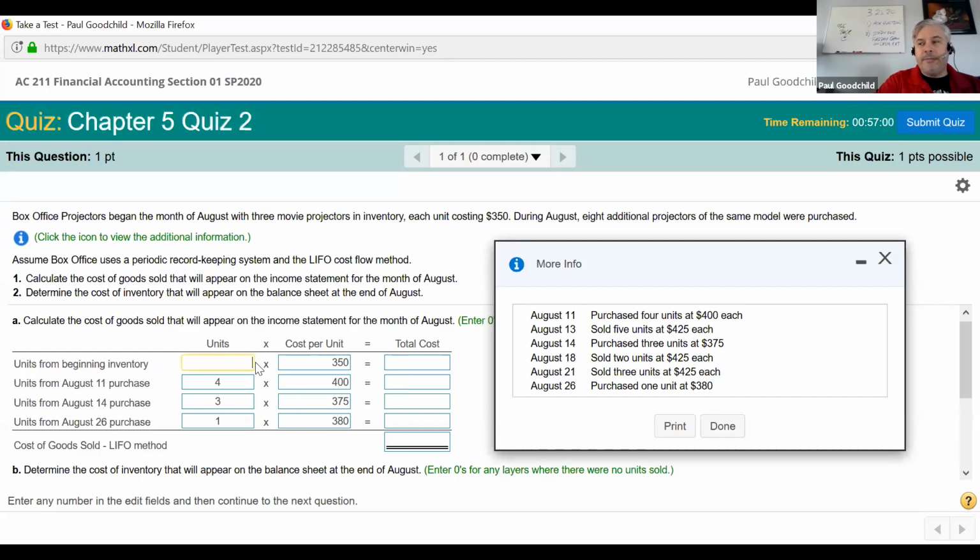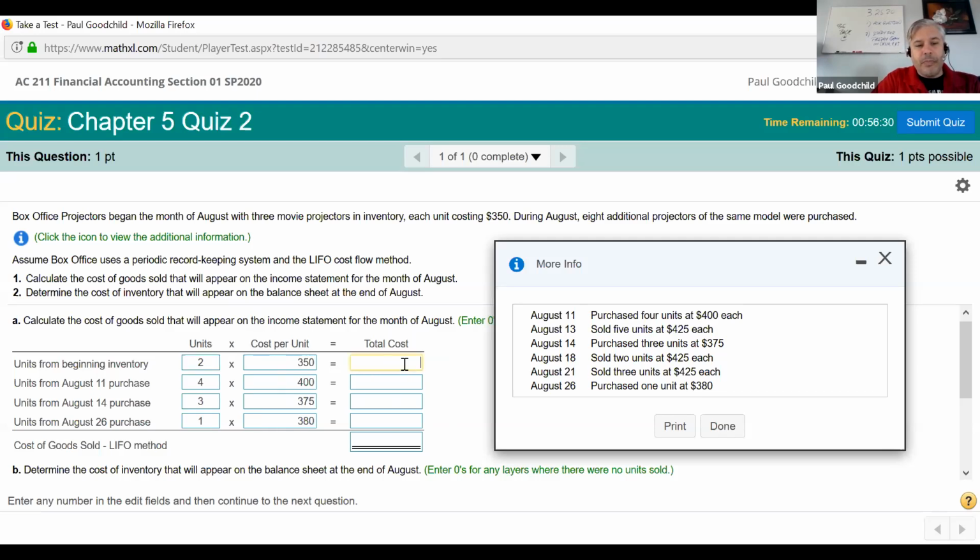All right. So if I'm counting, I've got 1 because that's that complete batch. And then the complete batch from the 14th. And so that's 2, 3, 4. And then the next batch has 4. So we're at 8. And I know I sold 10. So I need 2 from the beginning inventory.